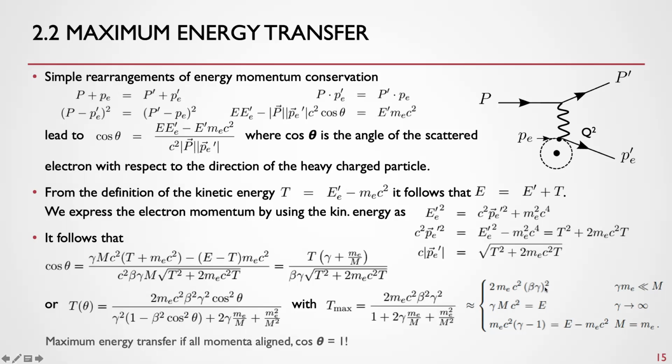In this case, the formula reduces to the numerator, and you see that in this case the maximum energy transfer is given by beta times gamma, and beta times gamma is the crucial momentum dependent function that drives the energy loss of the particle in the medium.